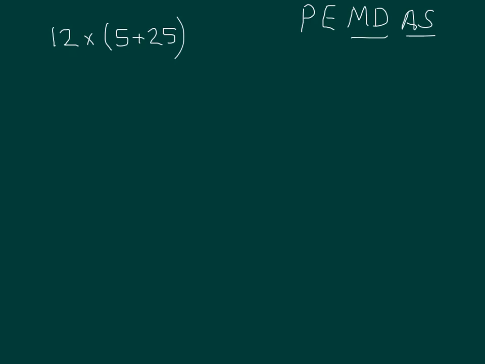So anyway, there are multiple ways to express this in words, and there's a few ways that are just wrong. So one way I could do is this. I could say that I want to take 12 times the sum of 5 and 25.